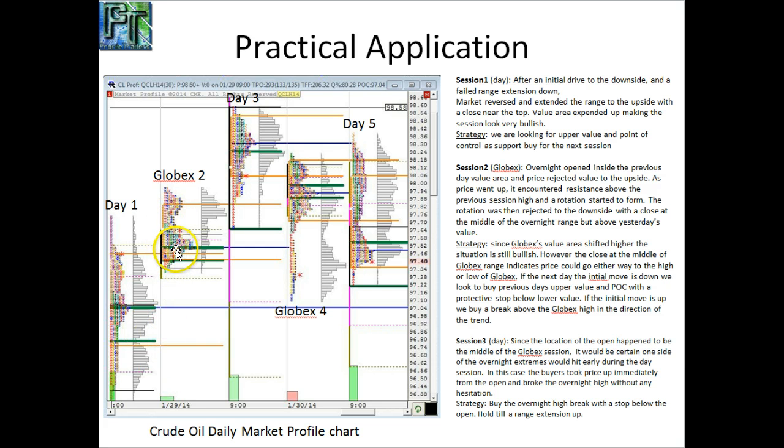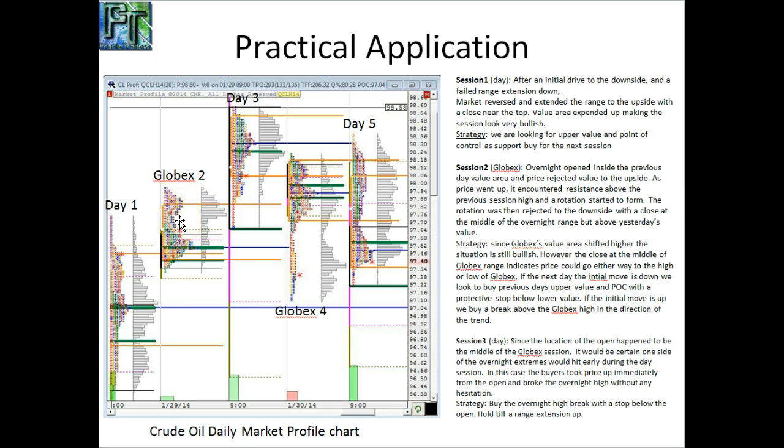In this case, the retest of the value area high of day one worked, and price drove to the previous session high, at which point it started to encounter resistance. As it encountered resistance, it started to go rotational.